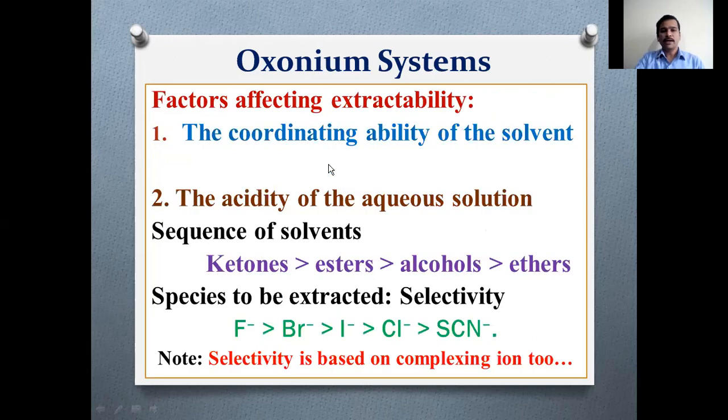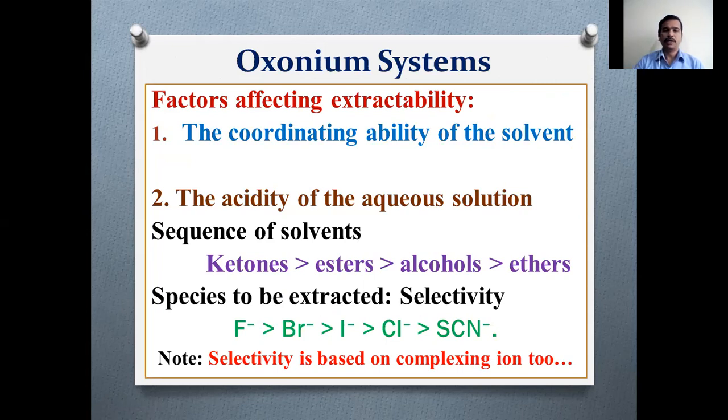Some factors we need to consider while we do extraction under oxonium systems. The first one is the coordinating ability of the solvent, which is very, very important. Whatever solvent you are going to use, it must coordinate with the metal anion very easily. Otherwise, if the coordinating ability of the solvent is very poor, the formation of the ionic aggregate between the oxonium cation and the negatively charged metal complex will not be possible.